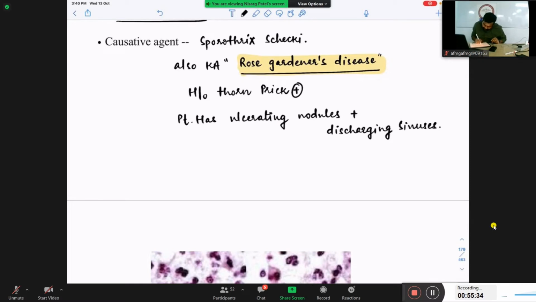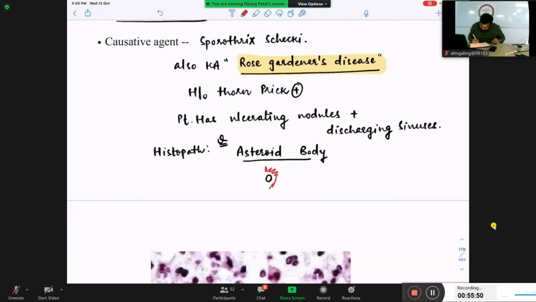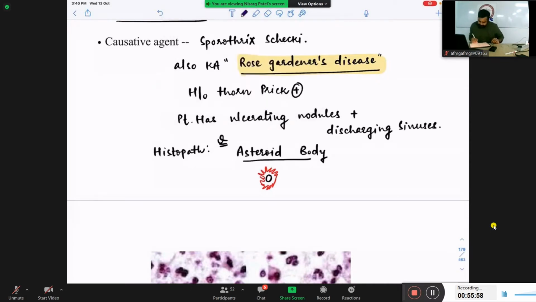An important feature is the asteroid body. In this asteroid body, there is an oval-shaped fungus along with eosinophilic radiation around it. This is known as an asteroid body. You will see it with radiation.